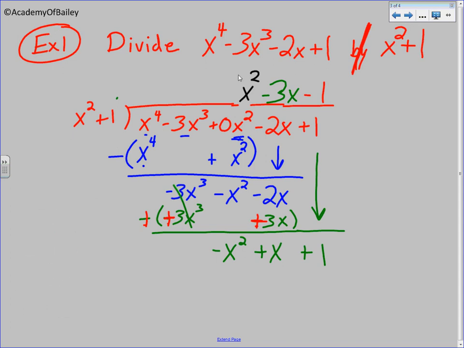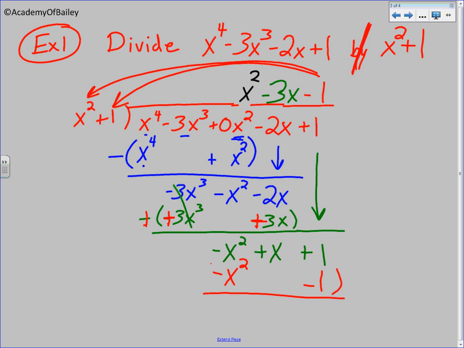And now we take negative 1, multiply it by x squared, multiply it by positive 1. Negative 1 times x squared should give us negative x squared. And negative 1 times positive 1 should give us negative 1. Remember, we are subtracting here.